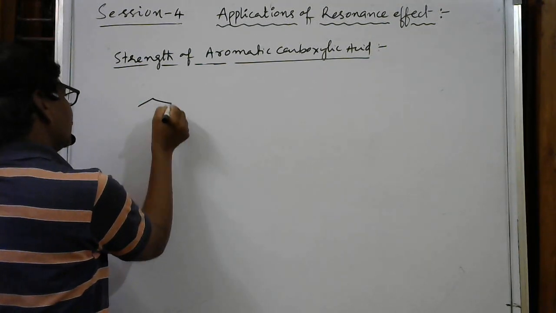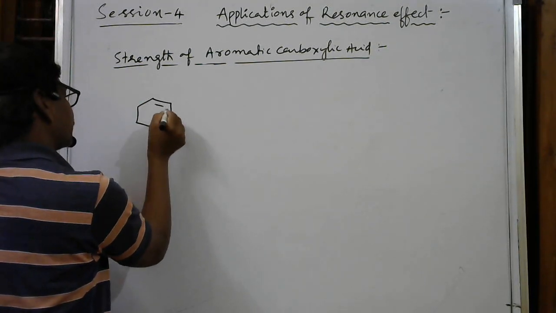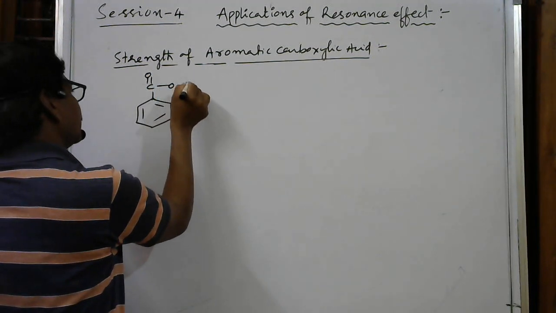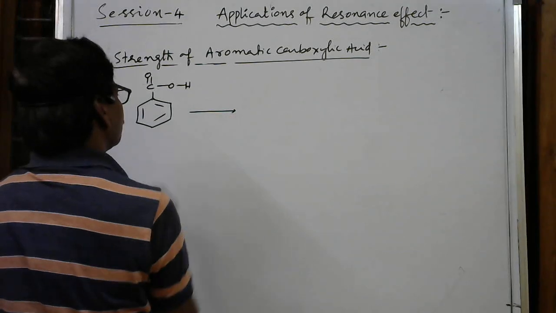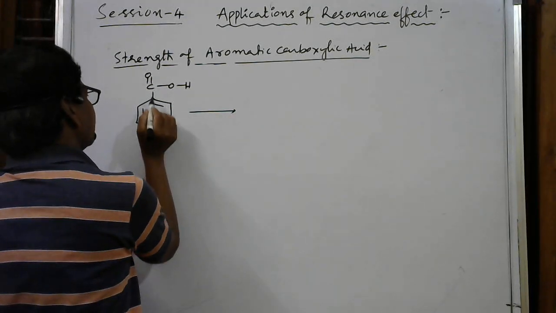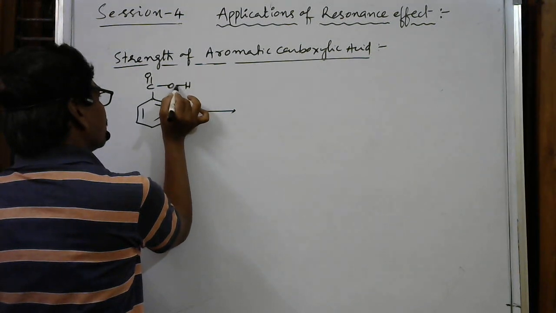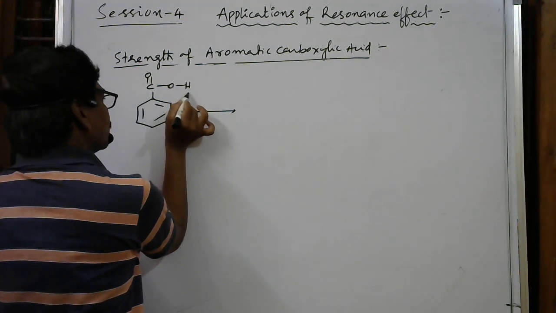Here I am taking a carboxylic acid, C double bond O, OH. So this is an acid. Why? See, on this oxygen and hydrogen bond, this is a polar bond, and oxygen is more electronegative.